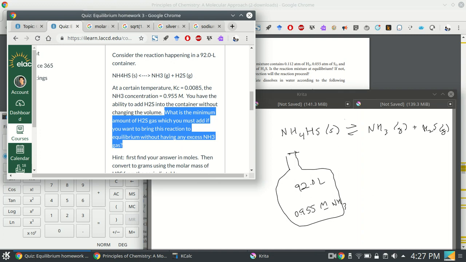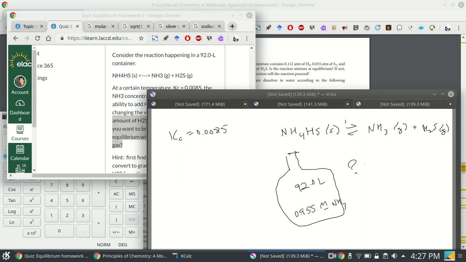What I'm saying is, how much H2S? I'm talking about how many grams, by the way. That's why it's hard, because I'm talking about grams, right? So how much H2S do you need to put in here to bring this equation to equilibrium without wasting any ammonia gas? Meaning I want to use all the ammonia gas.